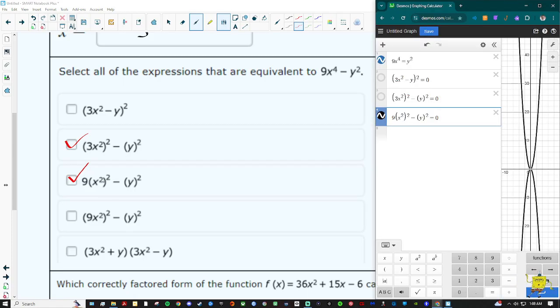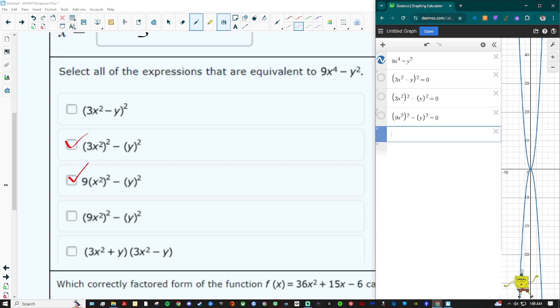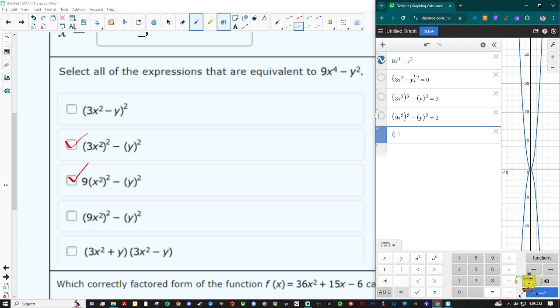Okay, the only difference here is we have our 9 on the inside. Let's put our 9 on the inside here. Not the same. And our last one. 3x squared y plus y times 3x squared minus y. And again, equals 0. Perfect matchup.